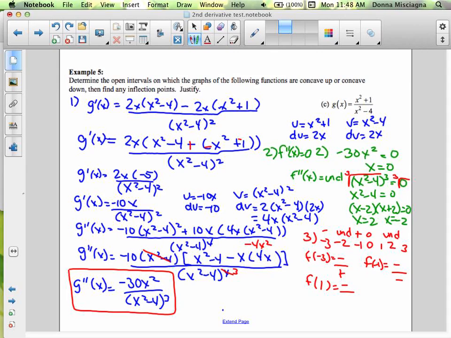You plug in 1 squared, that's 1 minus 4, that's negative 3, which is negative, so still positive. So 0 is nothing. Not an inflection point. This has no inflection points. And then g of 3 is going to be negative on the top and positive on the denominator, the exact same thing as you got for negative 3. So that is concave up.